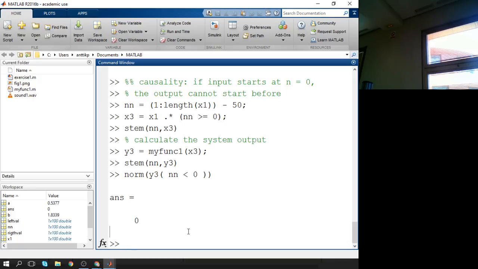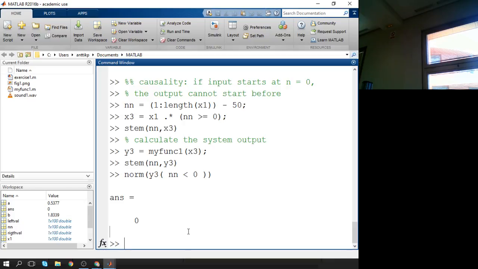Time shift invariance. Invariance meaning that it does not change due to time shift.